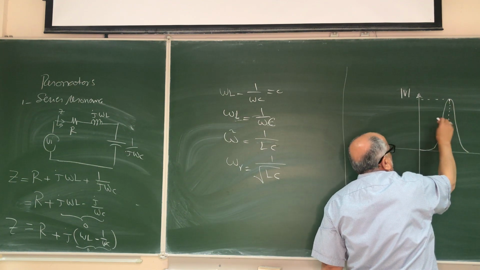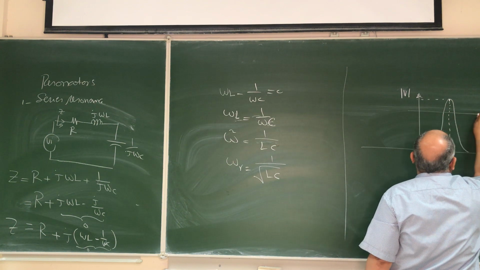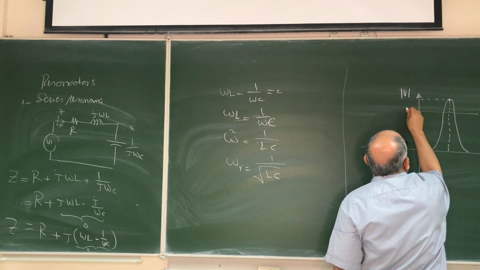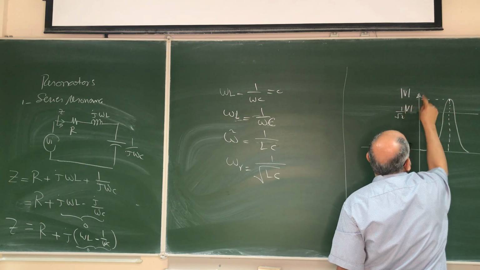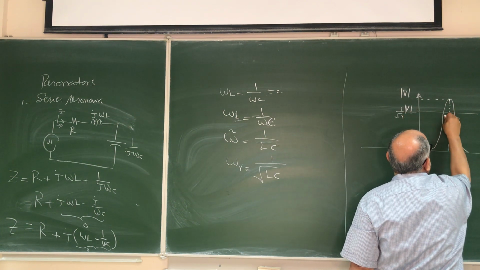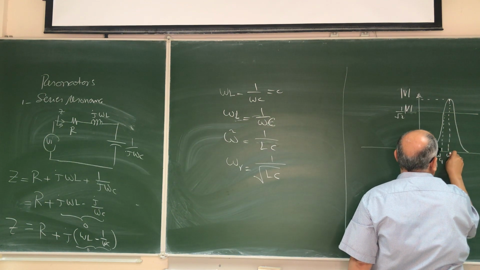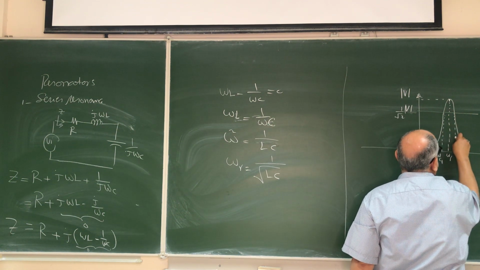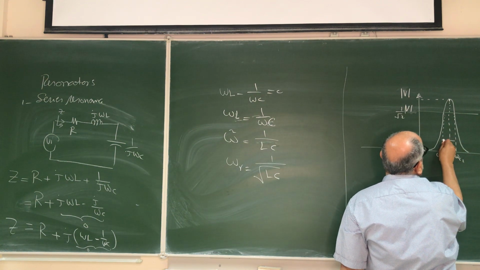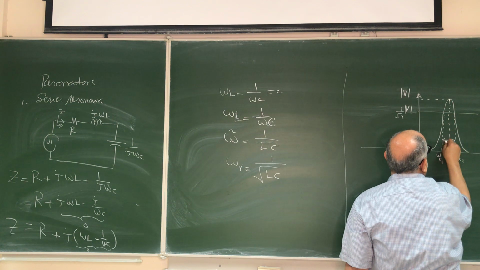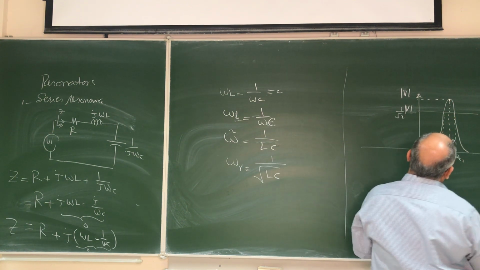Other terms we have to know are the minus 3 dB point, which is 1 over root 2 times V max. That is this point. So we now have 2 points. The first one we call omega C1. This is omega resonance. And the second one is omega C2. The difference between these two is called the bandwidth, so bandwidth will be omega C2 minus omega C1.